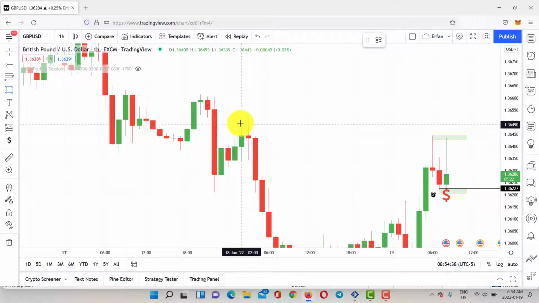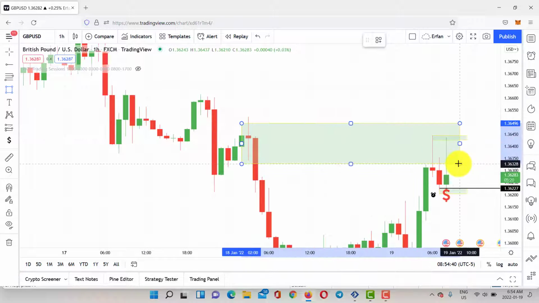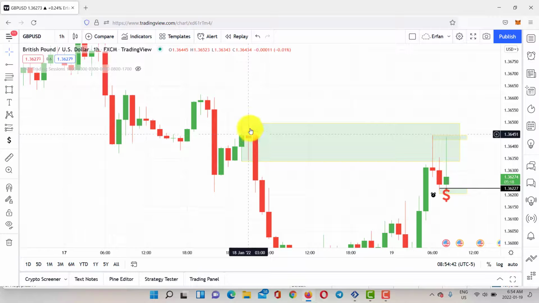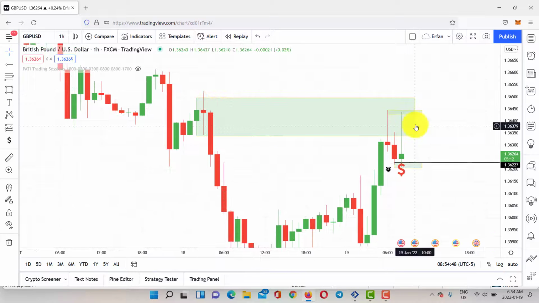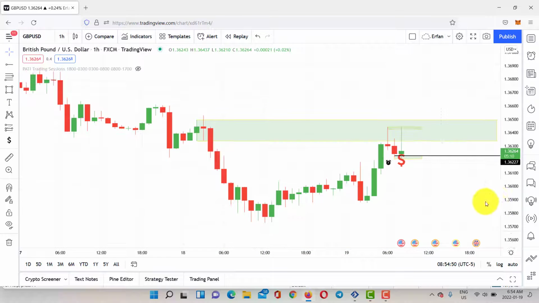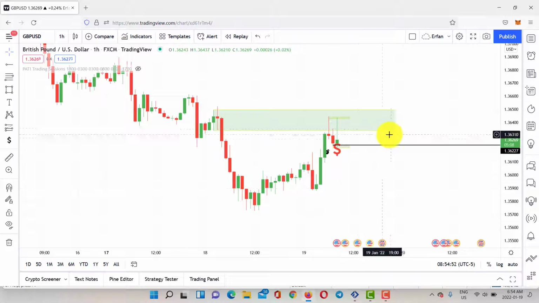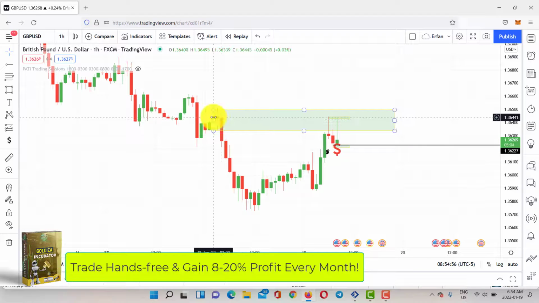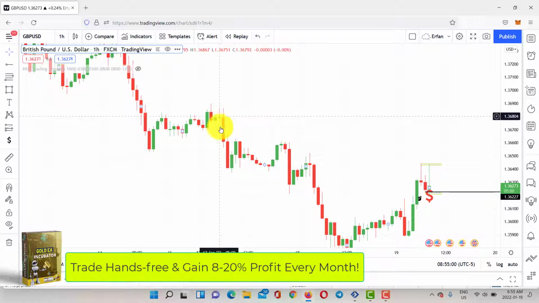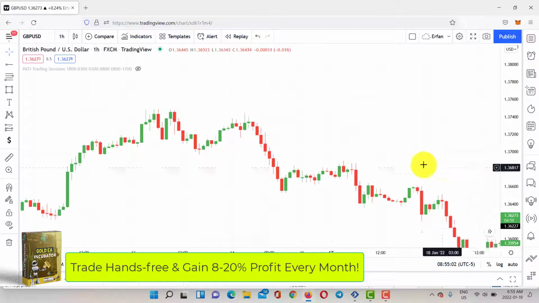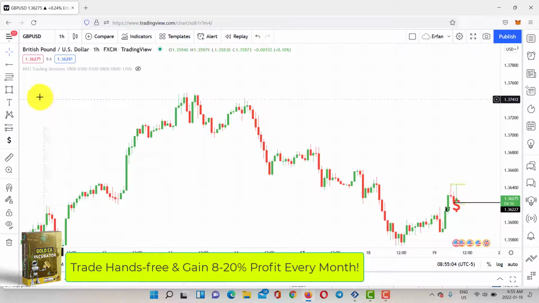So for example, this one is not a valid order block, because the next candle after that just came out of the order block and made it invalid. So it's not a high probability order block, not at all. We are not gonna consider that, because we are only looking at high probability order blocks, and then we are done. And here we don't have any order block, but what I can see here is so many gaps.